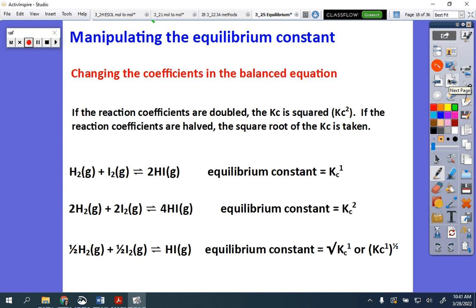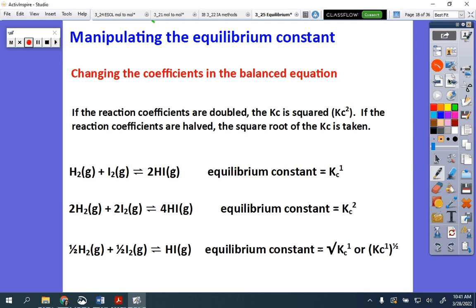If we change the coefficients in the equation, then we change basically an exponent of Kc. We take Kc to a particular power. So right now, with this reaction written the way it is, H2 plus I2 gives us 2HI, and we have an equilibrium constant of Kc for that reaction at a particular temperature, then if we double the coefficients of that, we're going to square the original Kc.